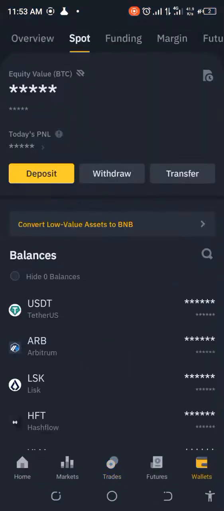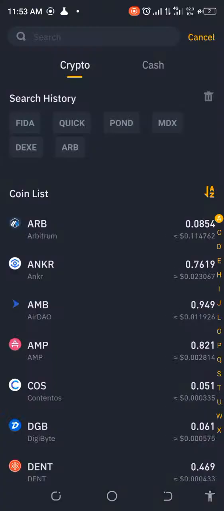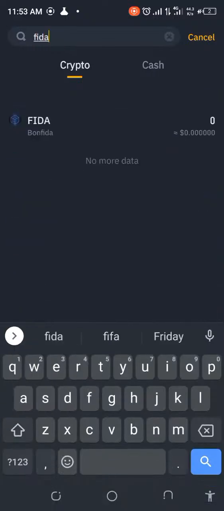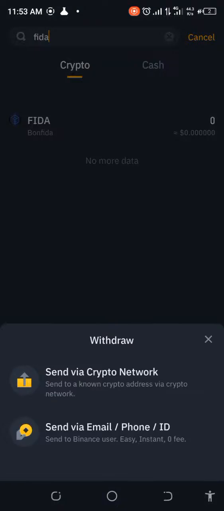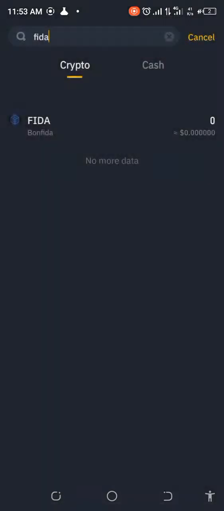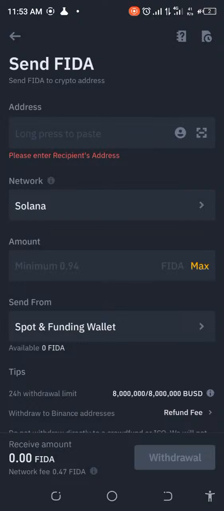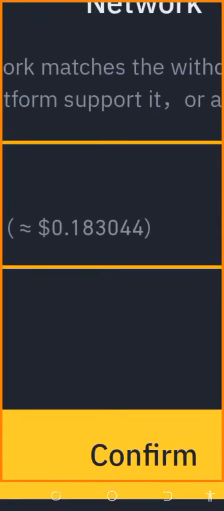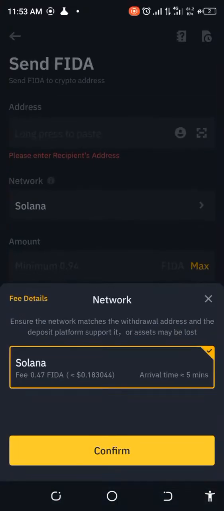All right, so then we'll just go ahead and click on withdraw, and then we can just check for this FIDA. Then we'll click on that and click on okay. So it's the Solana network. Okay, but how much does it cost? It costs us 18 cents. Wow, that's quite steep.